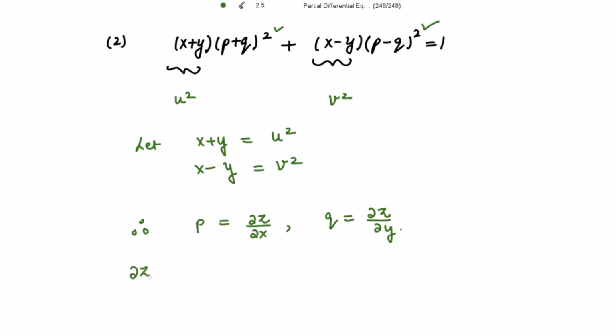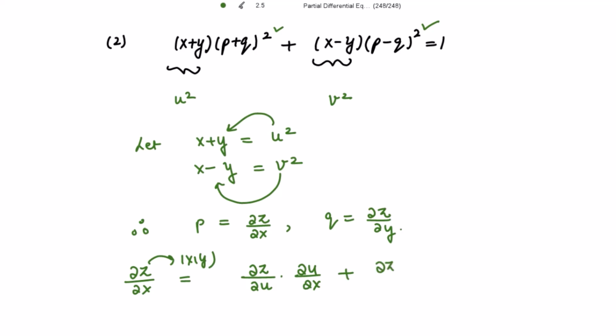So let's consider del z by del x, because z is depending upon both x and y. So this is del z by del u into del u by del x plus del z by del v into del v by del x.